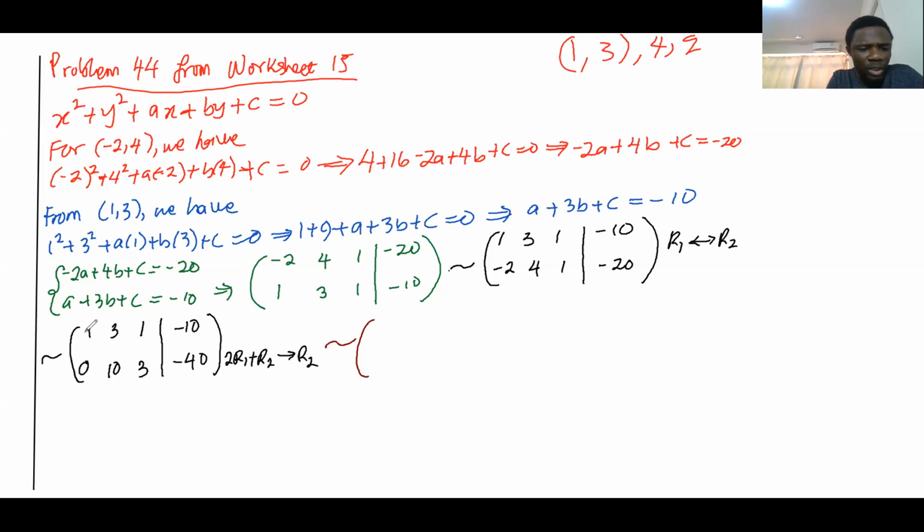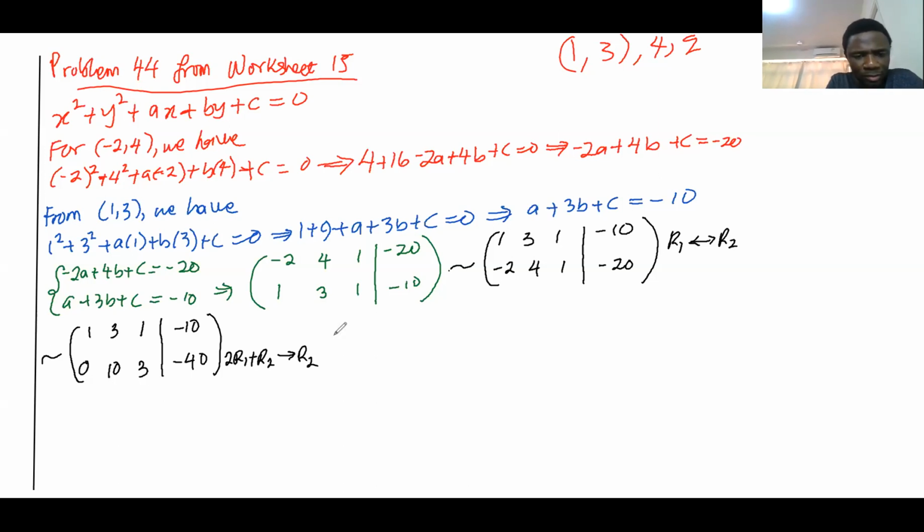If we multiply by 2 and subtract to have 1 here, we're not going to have 1 here. So what we can do is leave it in this form and introduce our t.